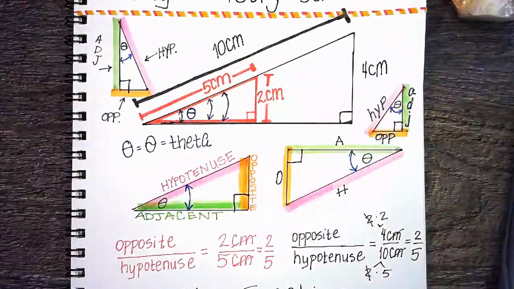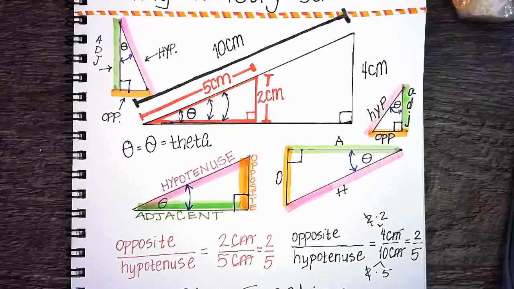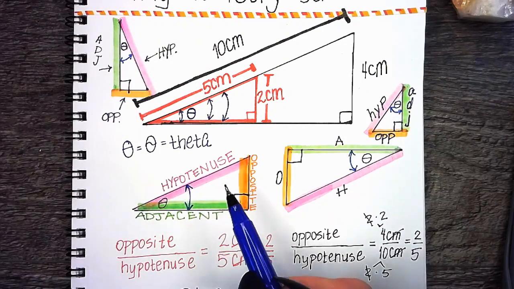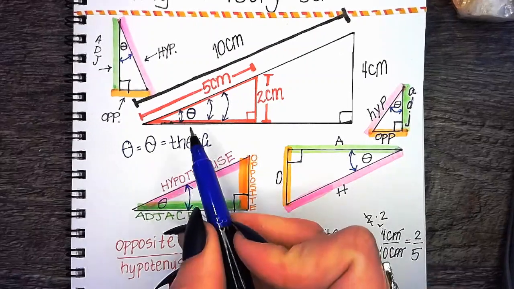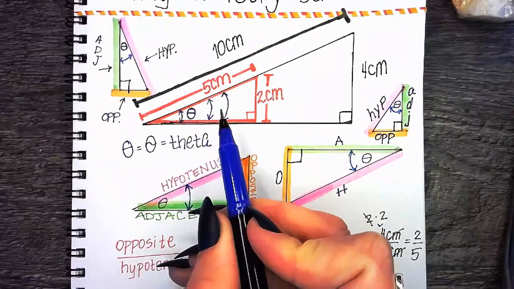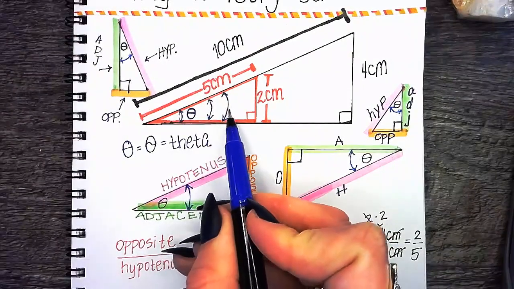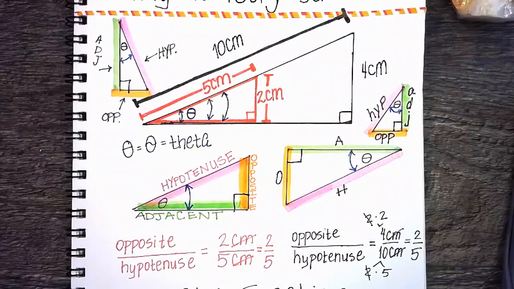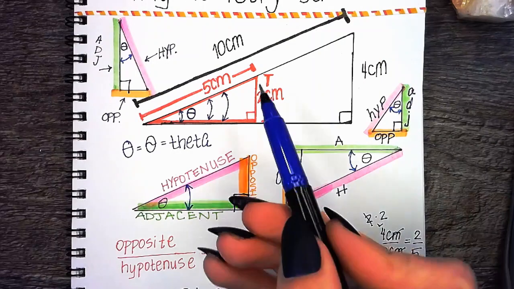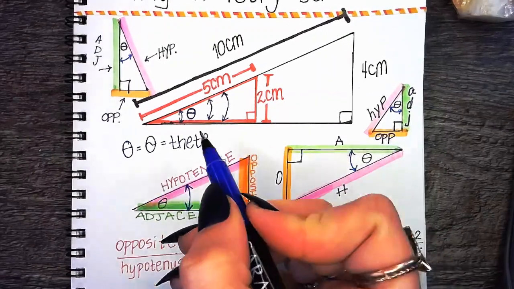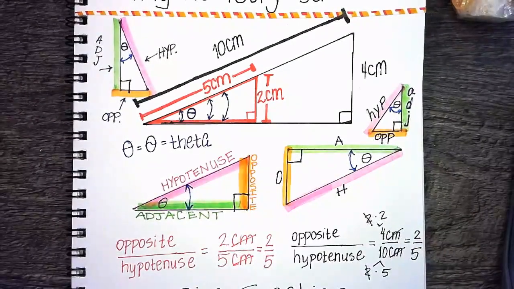So before I use the calculator, I'm going to just write out the equation or function that would apply to this example here. I'm going to focus on the red triangle.